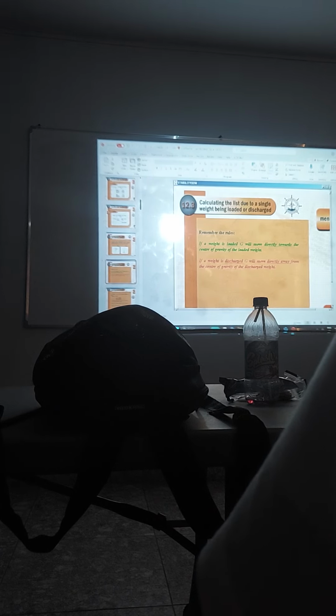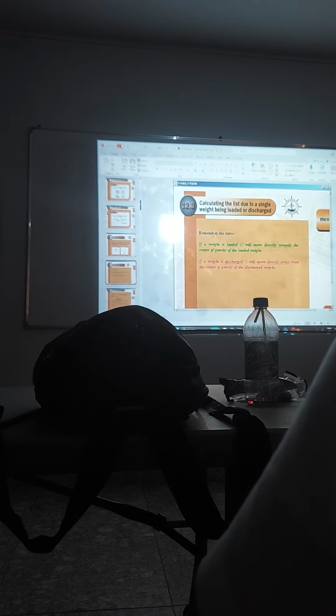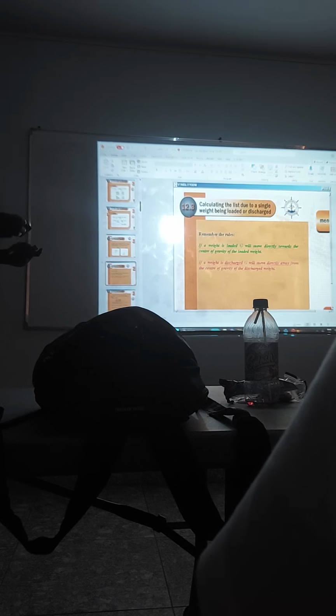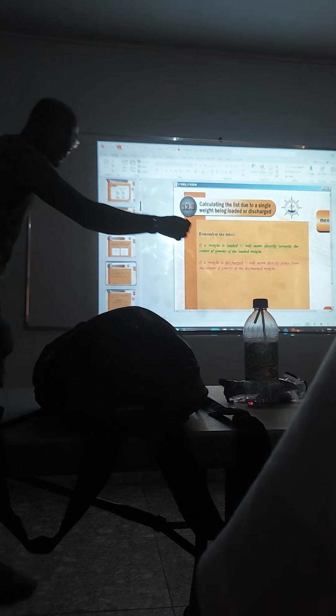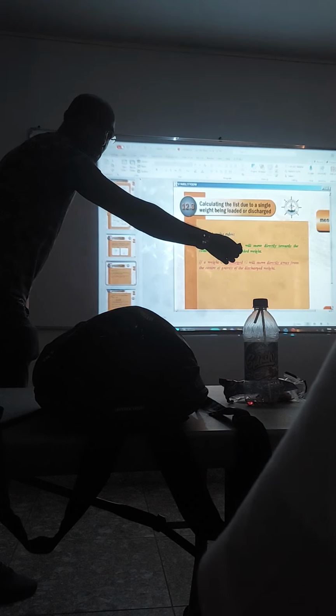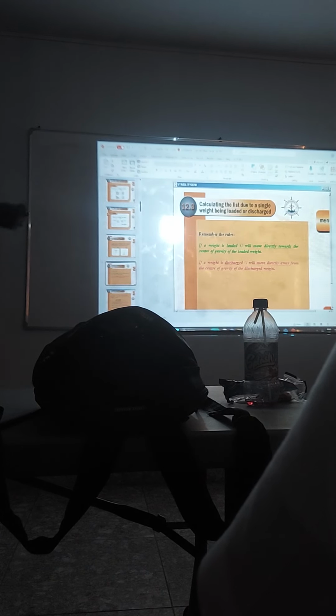Now if a weight is discharged, G will move directly away from the center of gravity of the discharged weight. Right? The vessel was loaded with an additional load, so my center of gravity shifts here. Now if you remove the load, I shift back to the original.